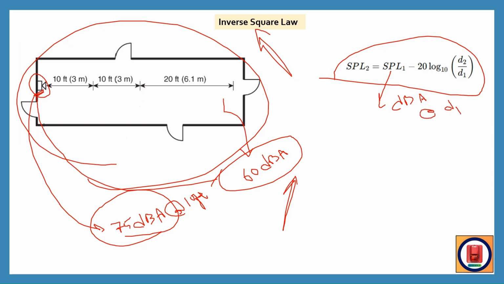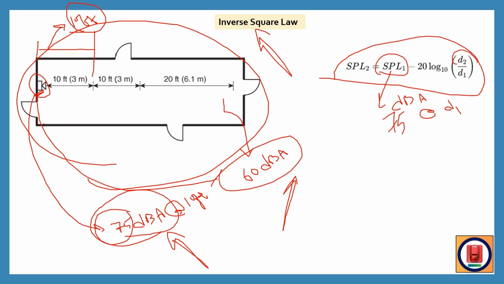Please remember, the reference distance will be 10 feet always, because the manufacturer has provided the dBA rating at 10 feet. So D1 we will be able to identify. So 10 feet. SPL1 will be, since we selected 75 dBA, it will be 75, and D2 will vary.